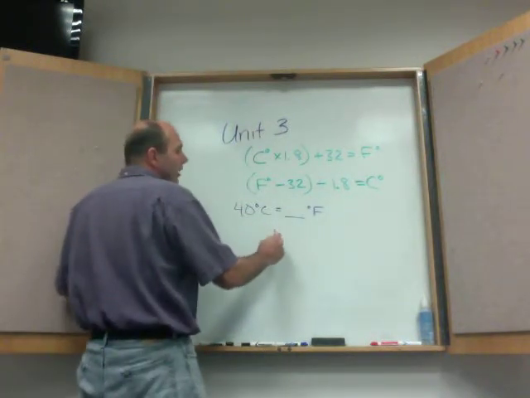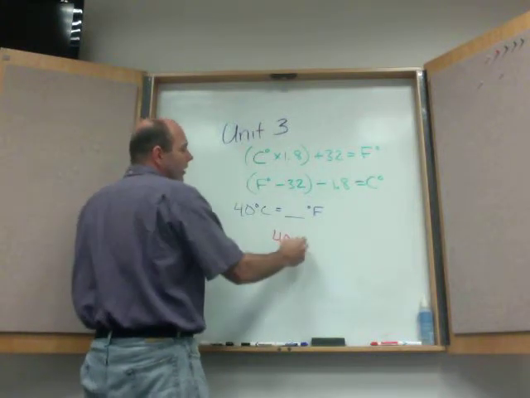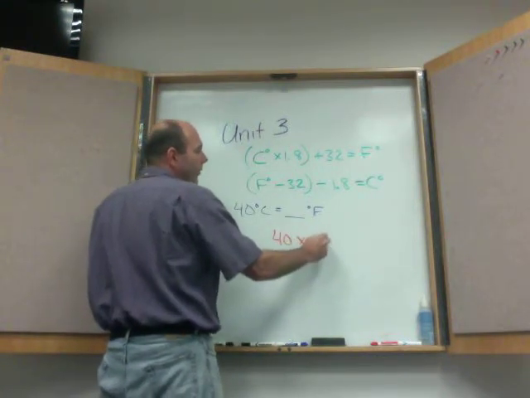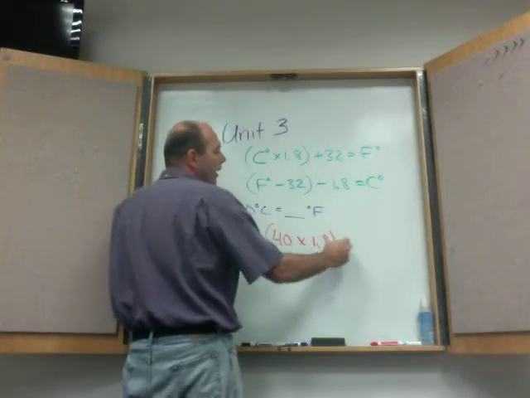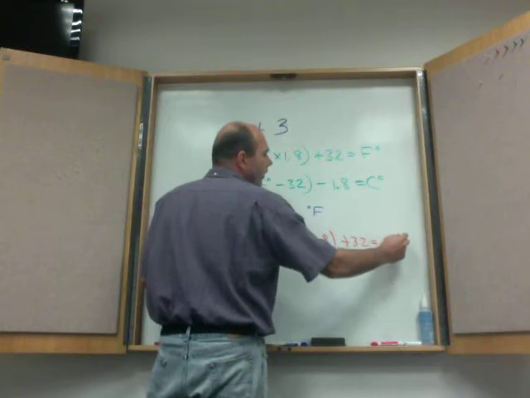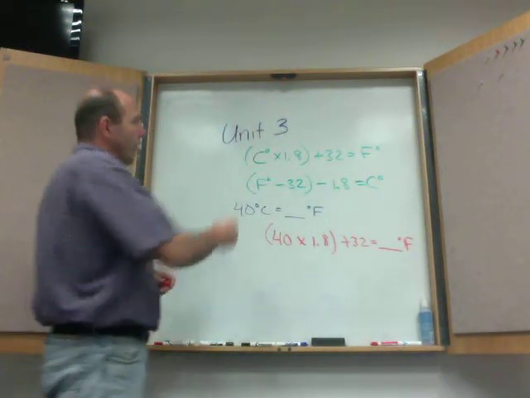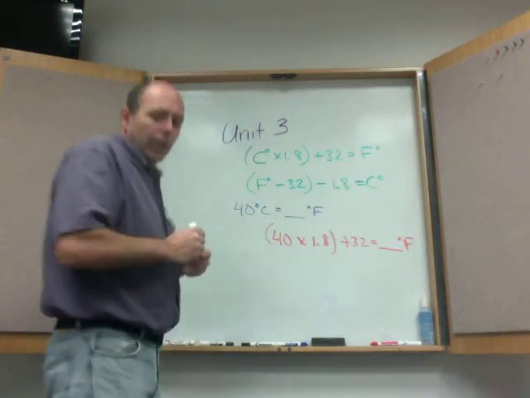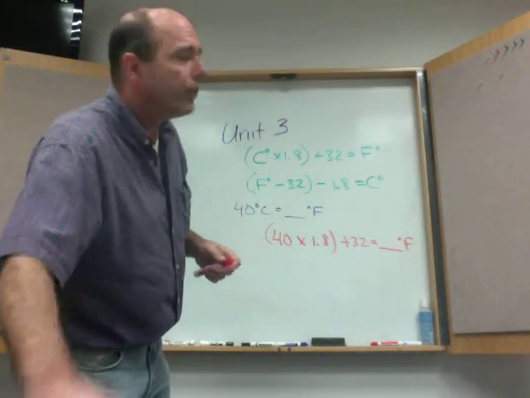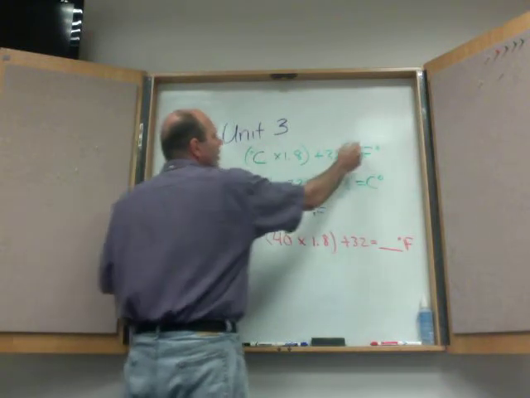So I'm going to plug in the 40 for the degrees Celsius times 1 8/10, and then I'm going to add 32, and that'll give me my degrees Fahrenheit. I notice I have the degrees on the wrong side on all of these, so let me just fix that real quick so I don't confuse anybody. That's all that this means, is degrees Celsius, degrees Fahrenheit.